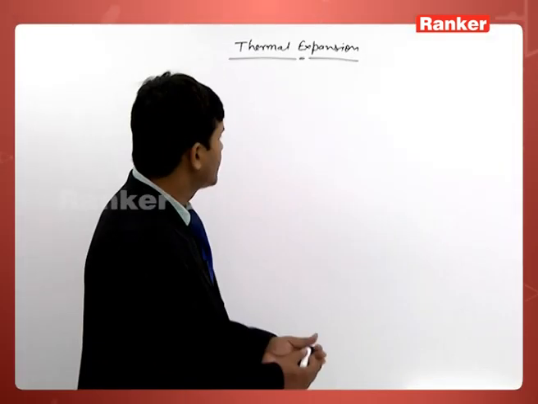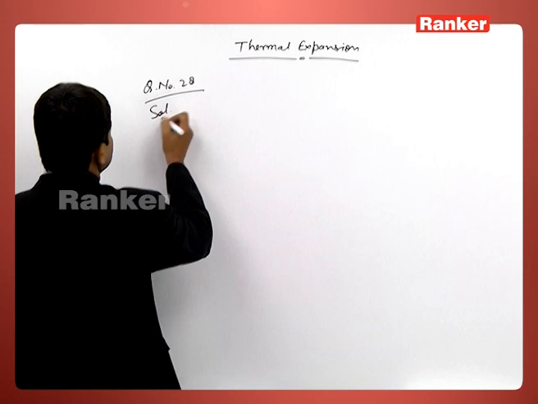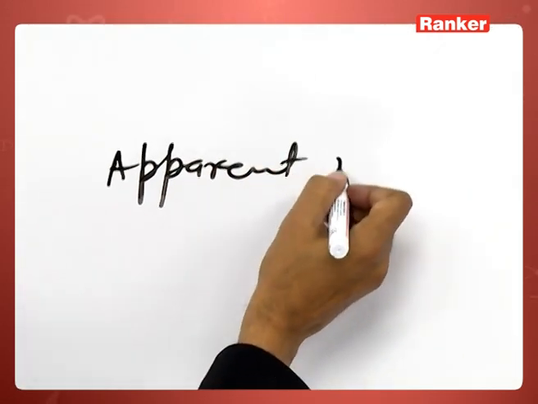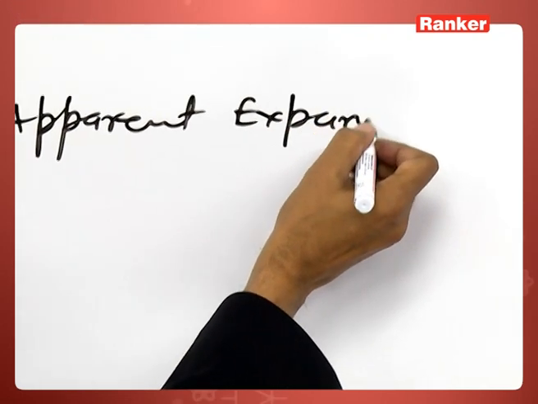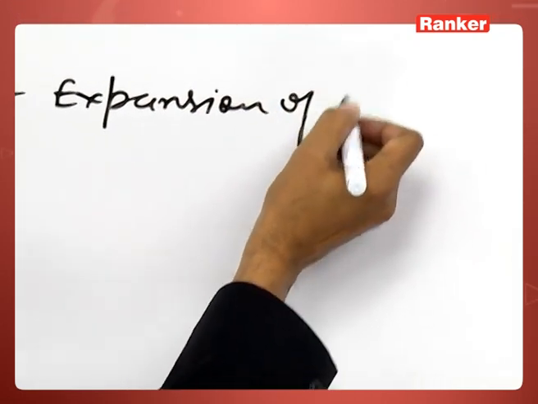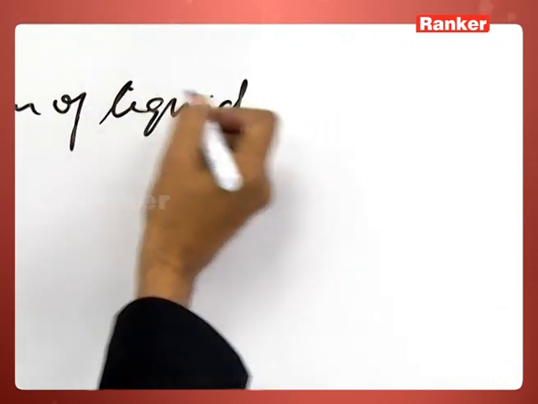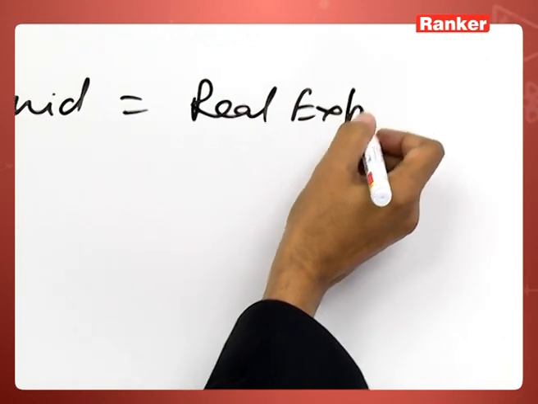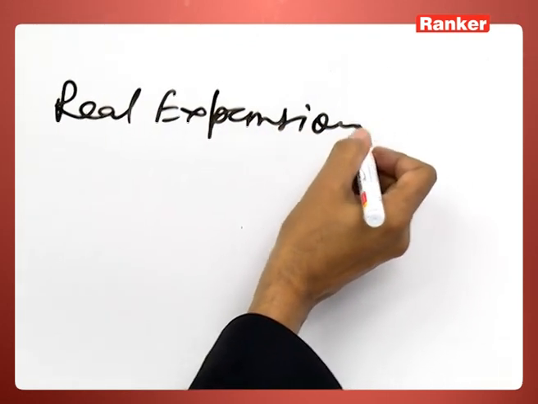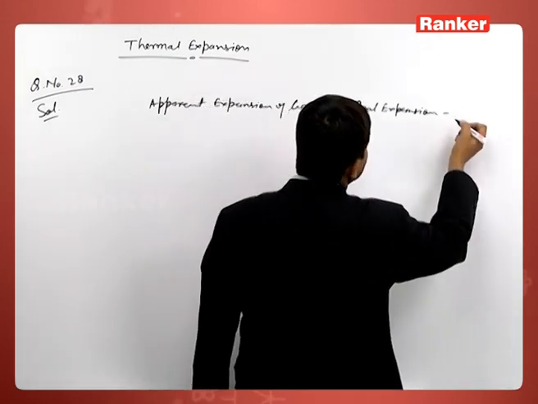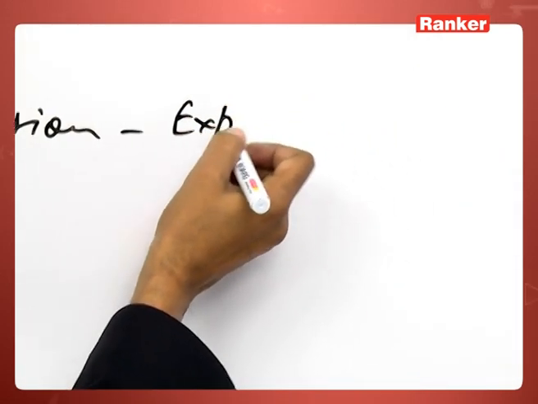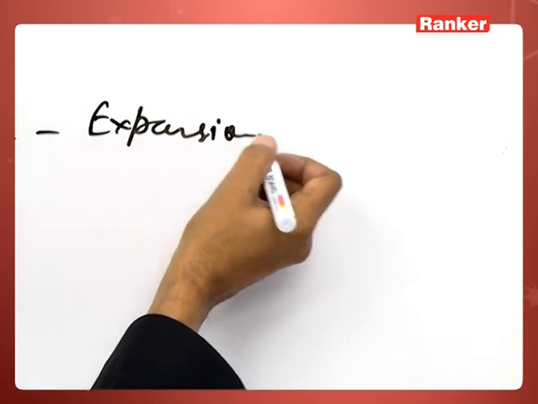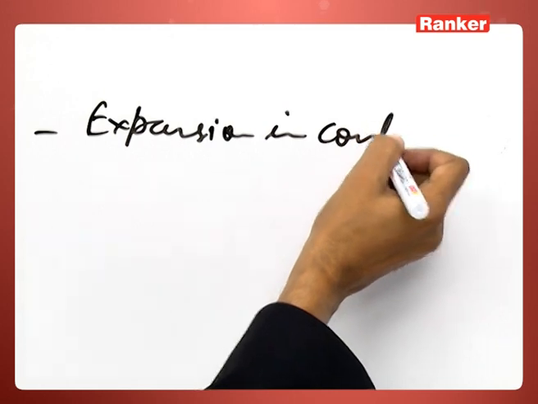The first thing, apparent expansion. Apparent expansion of a liquid is equal to real expansion minus expansion in the container material.